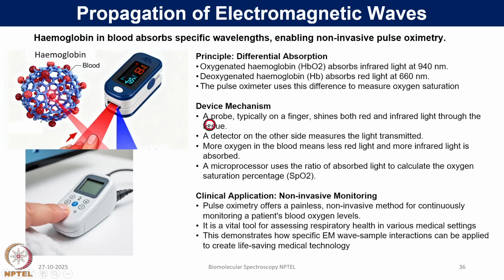So, this simple non-invasive method, based on differential spectroscopy, gives a vital survival parameter. It is a vital tool for assessing respiratory health in various medical settings, and this demonstrates how electromagnetic wave and sample, that is matter, interaction can be applied to create life-saving medical technology, right.